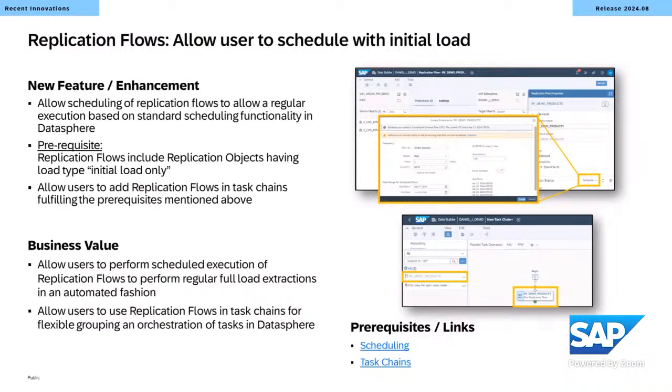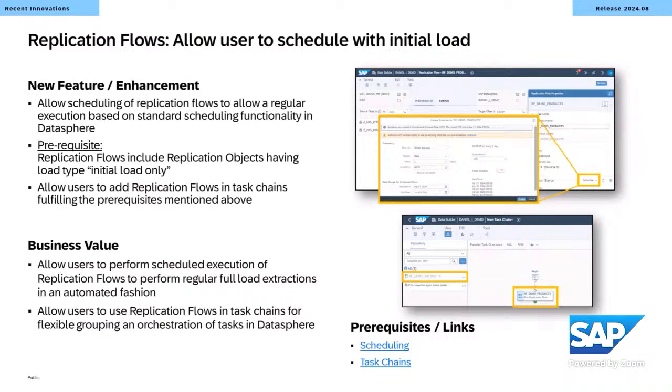Because there are certain objects, be it CDS views or others, where on the one hand delta is maybe technically not supported, or the data set is so small that leveraging delta capabilities is too expensive and not really needed because the data is not frequently changing. And it would be okay to have a regular full load at a certain frequency. And that is something that we have now delivered.